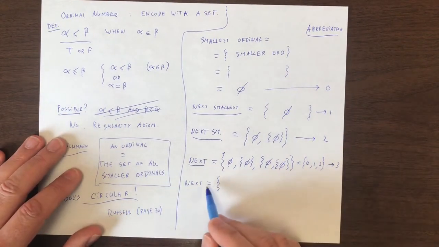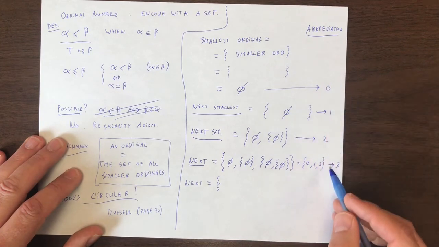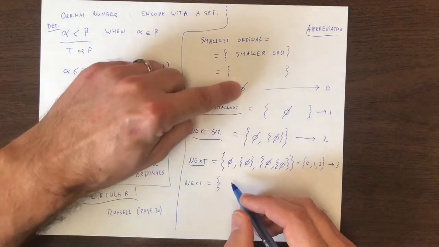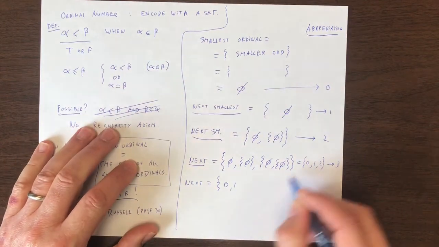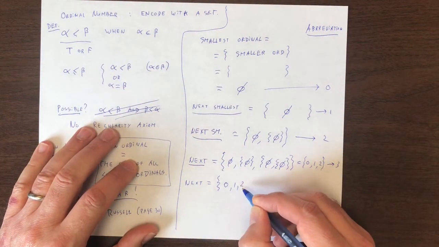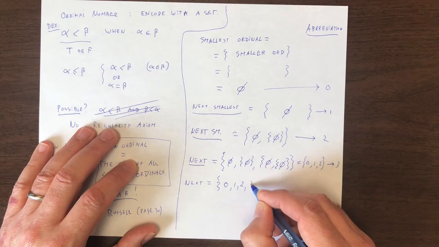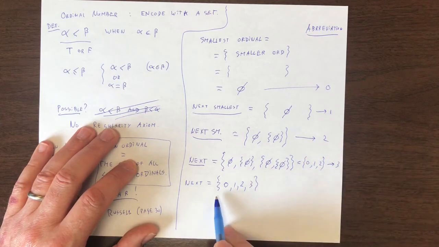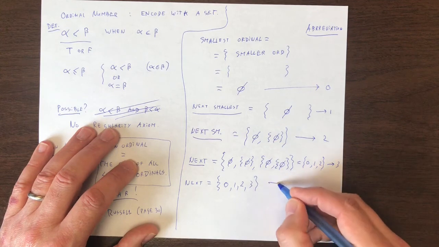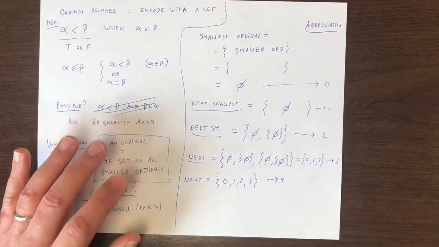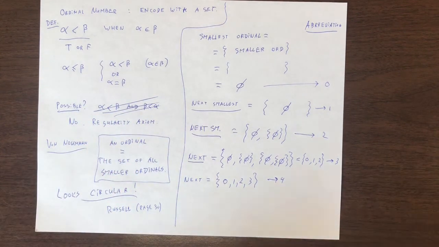And then now, the next one is the set of all smaller ones. So it's this one, which I'll abbreviate like this. It's this one, which I'll abbreviate as this. It's this one, abbreviated as this. And this one abbreviated as that. And of course, I don't want to keep writing this over and over again, so I'm going to abbreviate this as 4. Okay? And so that's how it continues.